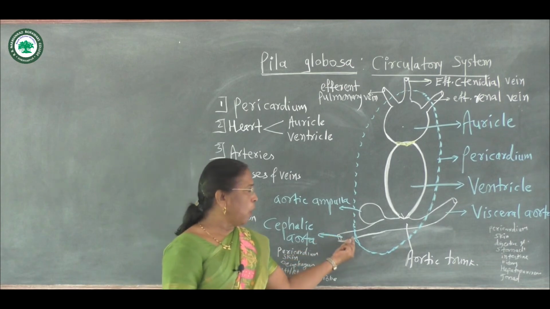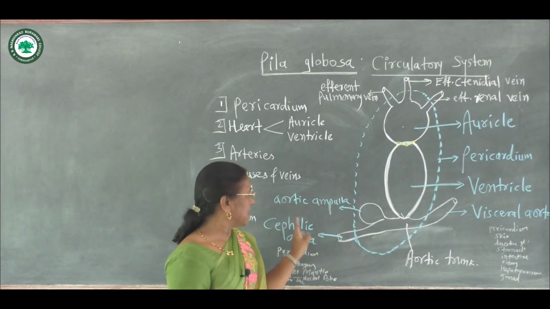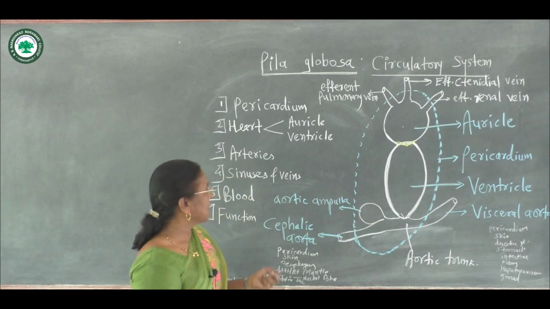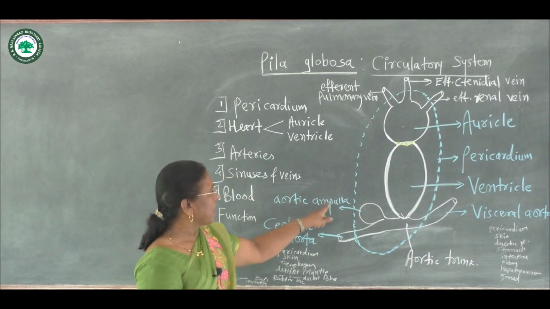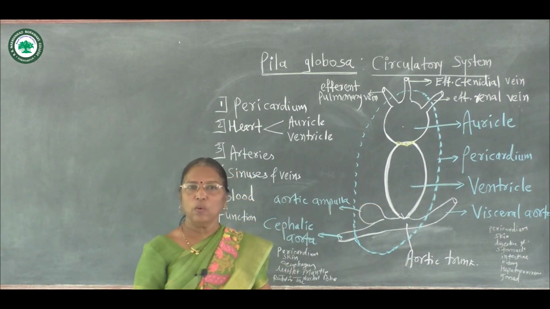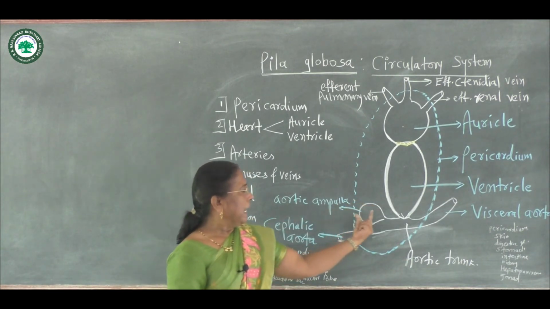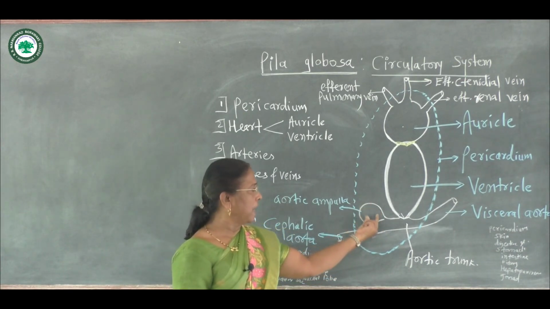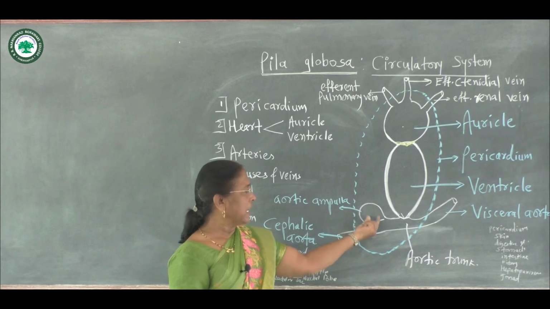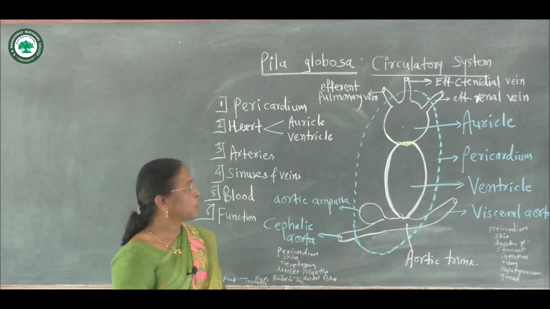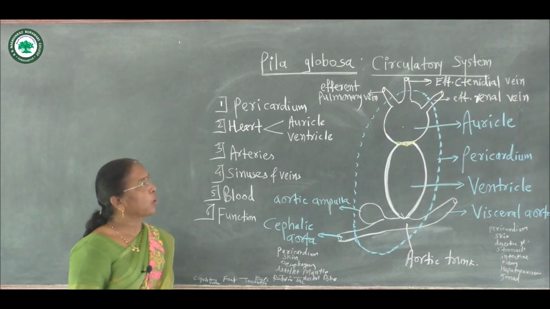At the junction of the ventricle and cephalic aorta, there is a balloon-like structure called the aortic ampulla. This aortic ampulla has a thin wall and it maintains the blood flow or circulation of blood due to contraction and relaxation.